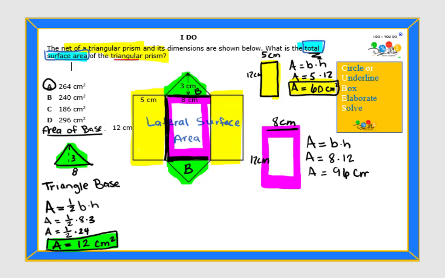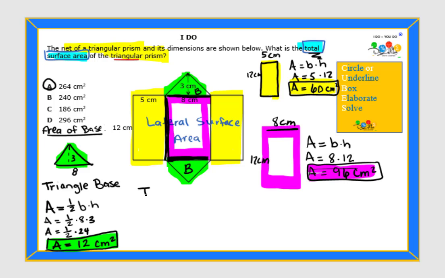We have squared centimeters. So now we have all of our lateral surface area and we have the area of the base, so we can find our total surface area.